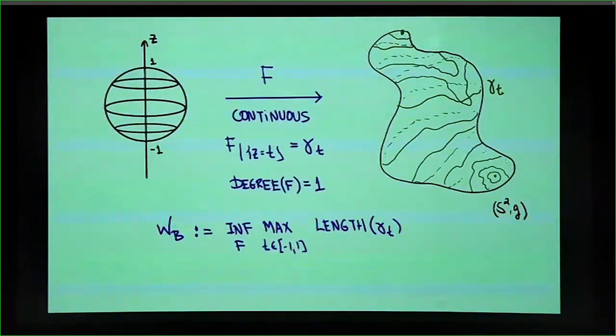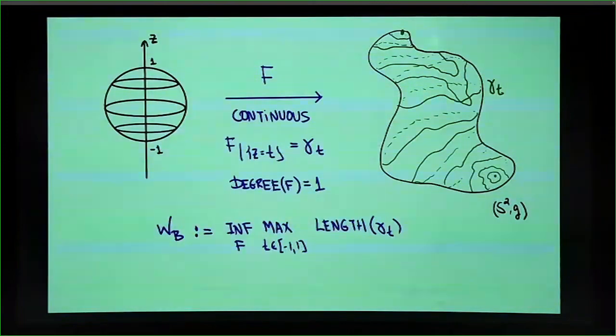And then, given our arbitrary Riemannian two-sphere, we can consider continuous maps from the Euclidean sphere to this arbitrary sphere, which send each one of the horizontal circles to, I don't know, a piecewise smooth curve in your (S^2, g). And then to capture some non-triviality, some idea that the loop is really going and covering all the two-sphere and not going up to a certain point and then going back, I will ask this map to have degree 1. Okay?